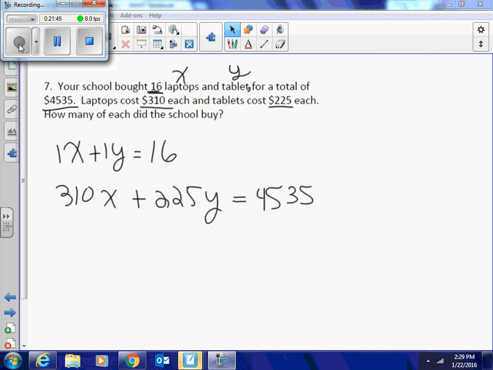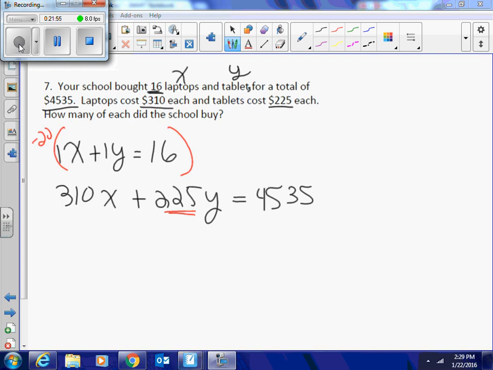So I'm going to take my top equation and multiply by the smallest of the two coefficients, but its opposite value, which is -225, and I will distribute that to every term on both sides of my equation. And when I do, I get a -225x minus 225y, and that equals -3,600.